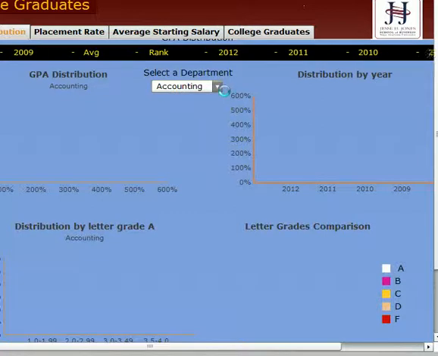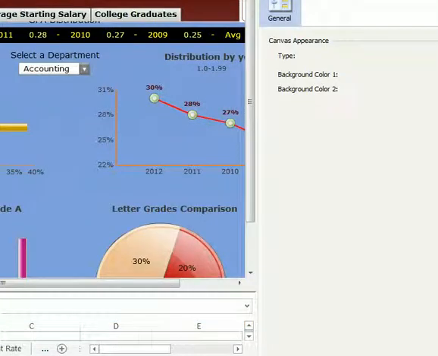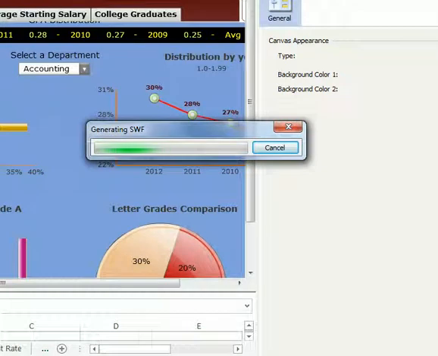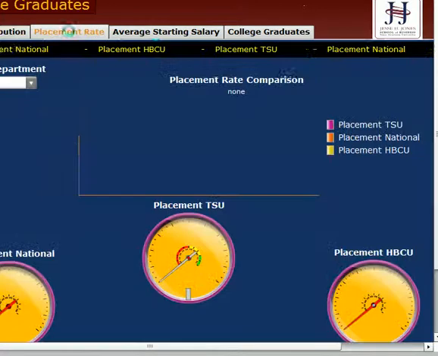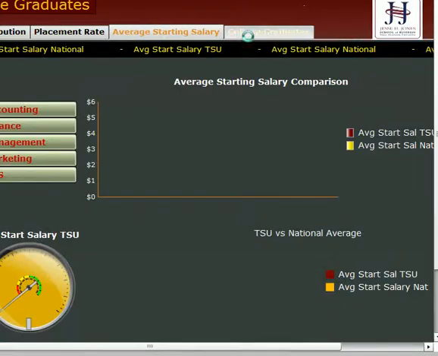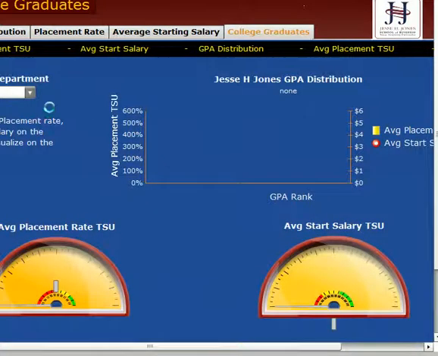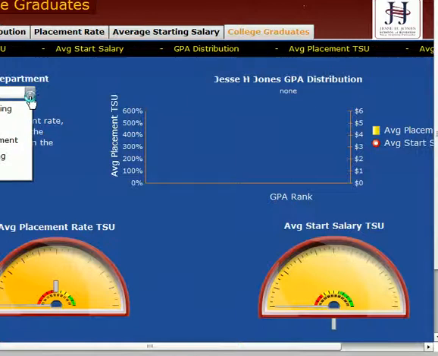So here is another dashboard that one student did, and she looked at GPA distribution, placement, average salary, and college graduates, and her selection was the different departments within TSU.